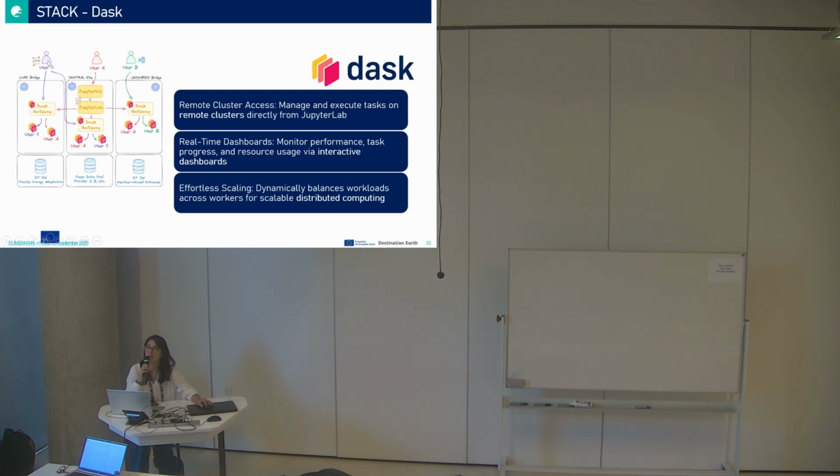So basically a user can access the Dask gateway directly on one bridge, on Lumi Bridge, Leonardo in your case, and create Dask clusters on demand for parallel processing. Another user can access through the central site and launch clusters in Lumi, in Central, in Leonardo, and in the other bridges.